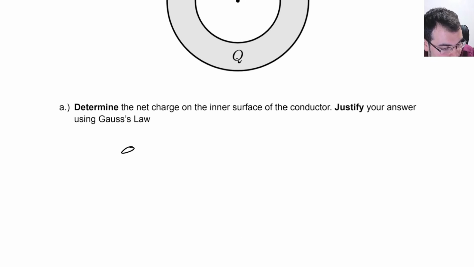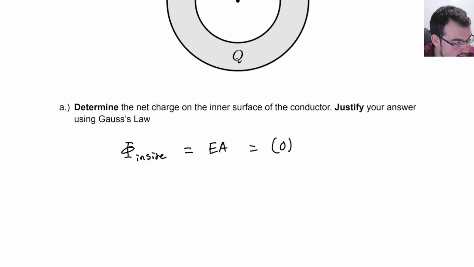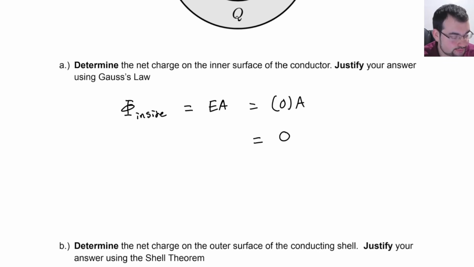So the flux through a surface inside the conductor would be EA, where E is 0 everywhere. So I know the net flux actually has to be 0. So what this means is that the net flux, which is equal to Q enclosed over epsilon naught, is equal to 0.